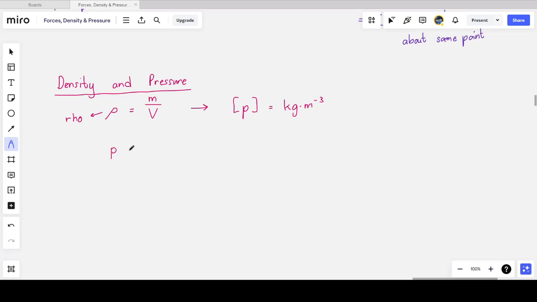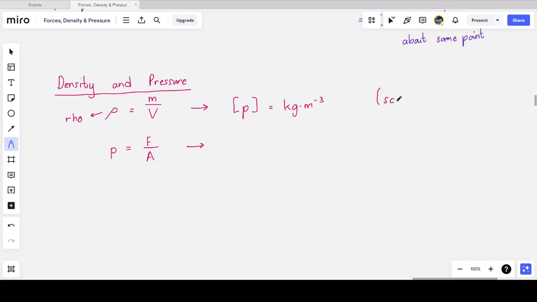The other thing we need to define is pressure. Now notice how my P is upright, but my rho is slanted. So make sure that these two look different, especially if they're in one equation with each other. The definition of pressure, which I'm also sure you would have seen at some point, is a force per unit area.